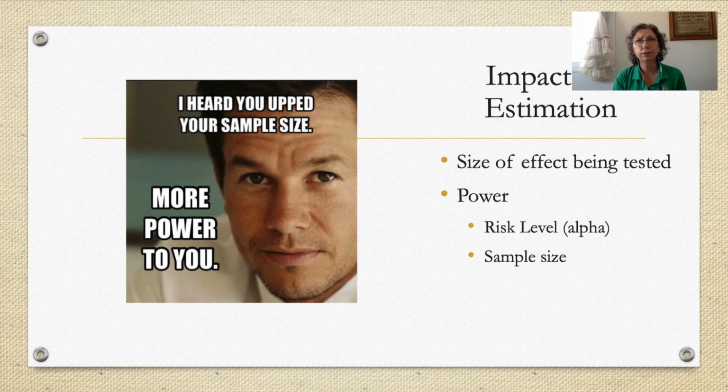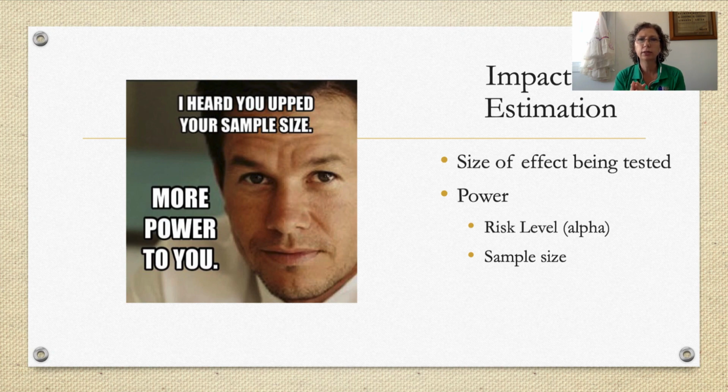Well, they've got to do their literature review. They've got to read the theory, know what relationships they're looking for, see what's already been done in the literature to see what effect size they should be looking for. That's how they know the effect size of what they're after. But then power, they have to have enough power to detect that effect size.